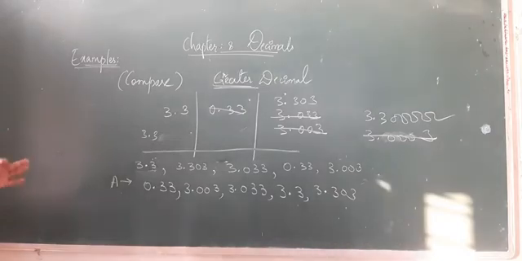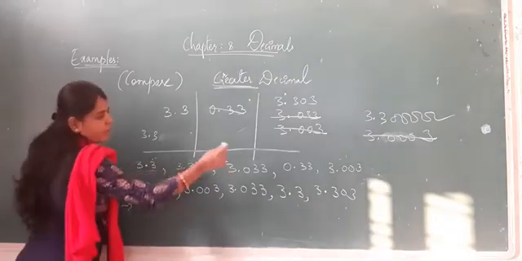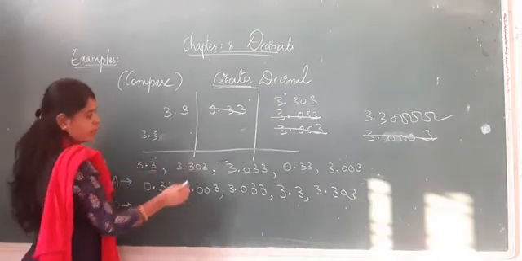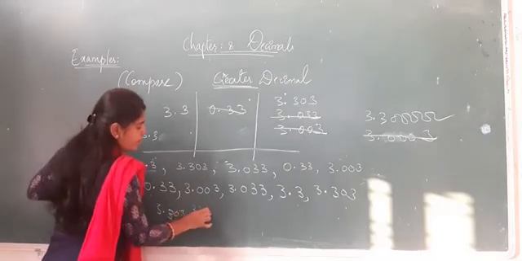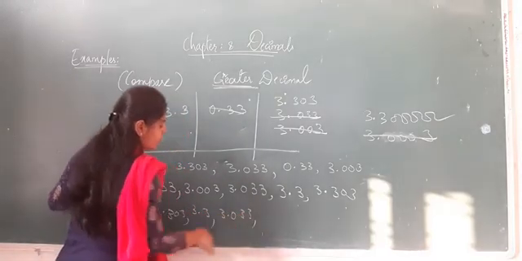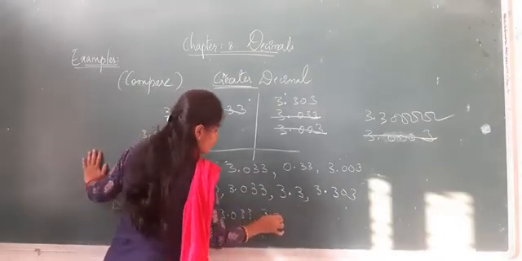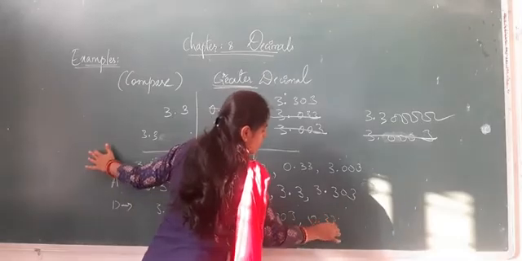Some more in detail. If you are writing in descending order, it is the reverse of this. From there to this one: 3.303, 3.3, 3.033, 3.003, next 0.33. Right?